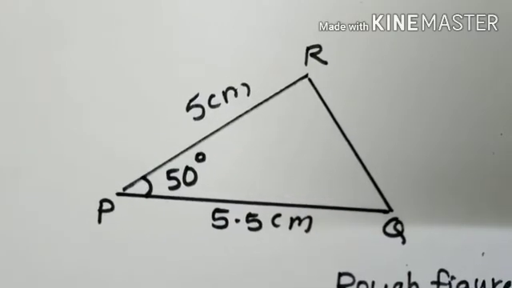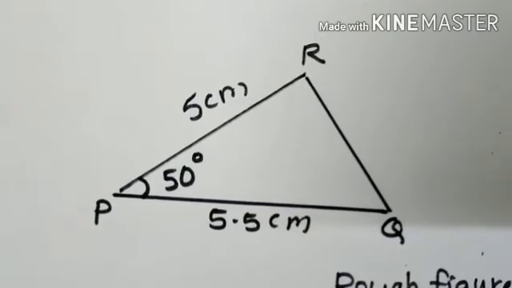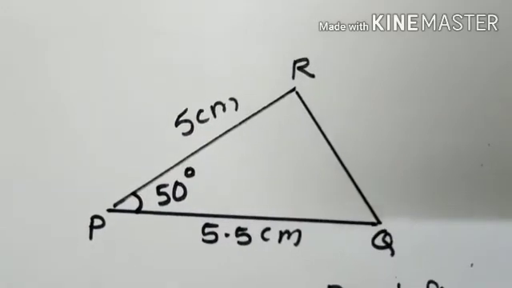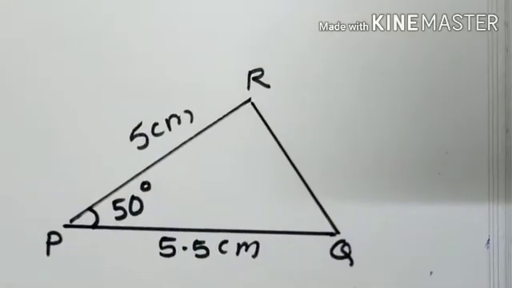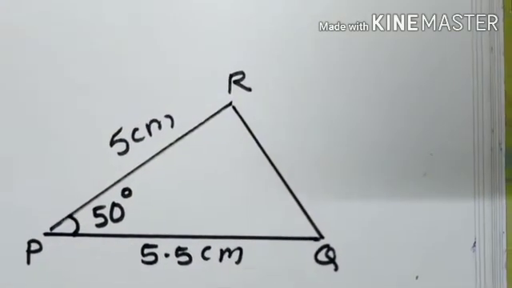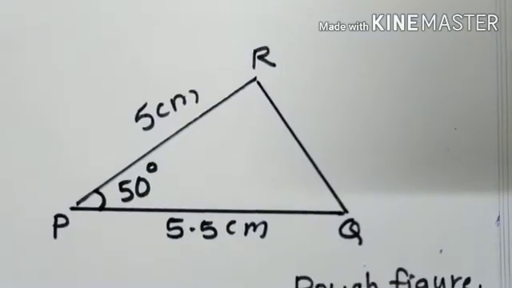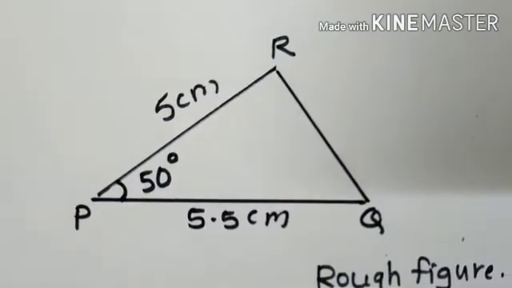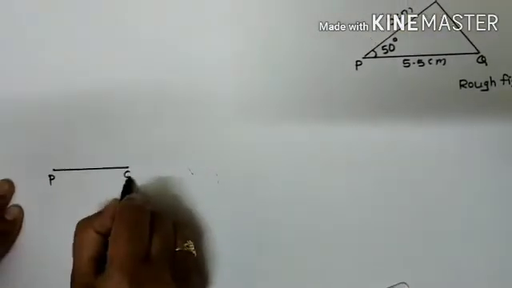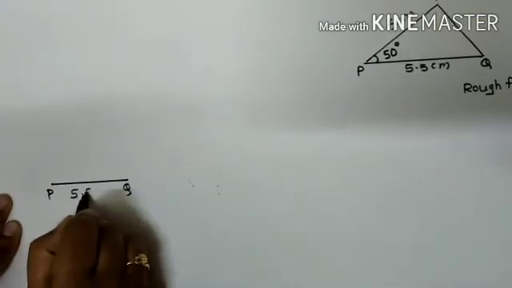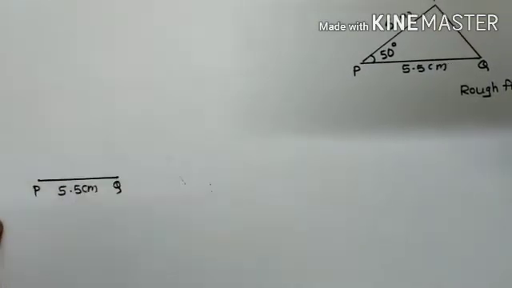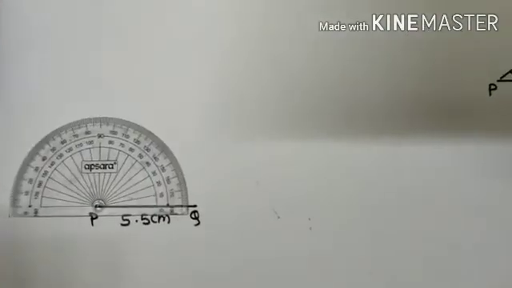Angle P is an acute angle and that is shown in the rough figure. According to the rough figure, segment PQ forms the base. Segment PQ of length 5.5 cm is taken as the base.